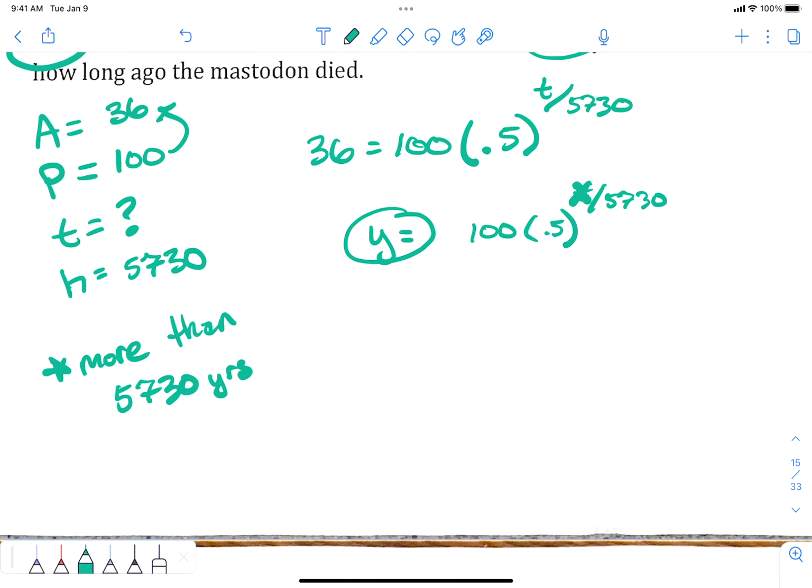Between 8445 and 8446. I'm going to go to second table set and start at 8445. There it is, 8445 and 8446. Holy cow, that's a lot.